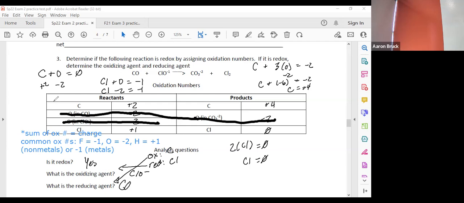And the reducing agent isn't being reduced itself, it's forcing something else to become reduced. And so that's why if we properly identify the elements that are getting oxidized and reduced, we can flip them when it comes to identifying the correct agents.